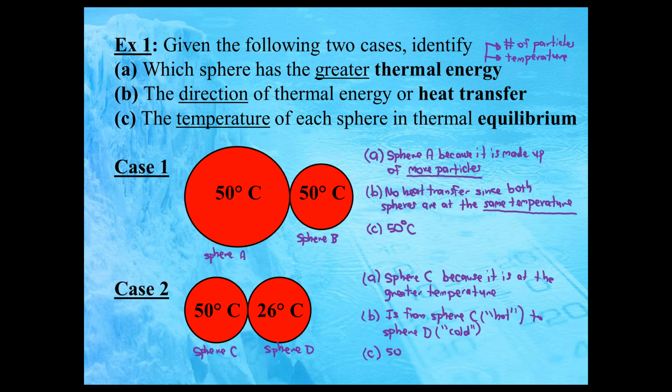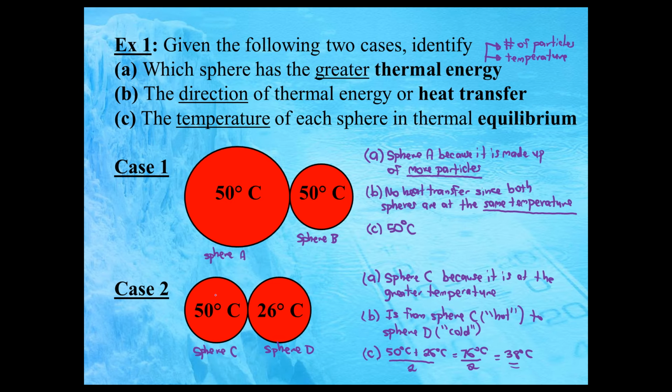So you go 50 degrees Celsius plus 26 degrees Celsius, which gives you 76 degrees Celsius, divided by 2. Then your equilibrium temperature would be 38 degrees Celsius.